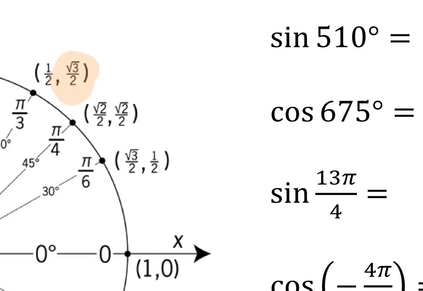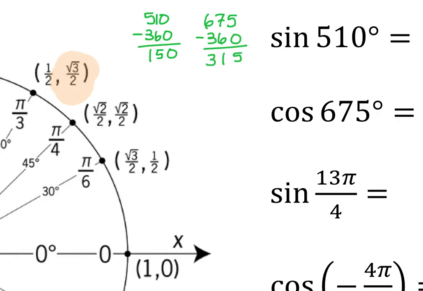So 510 minus 360 is 11 minus 6 is 5, 4 minus 3 is 1. So 150 degrees. I'll also do 675 while I'm up here subtracting. 675 minus 360, 5 minus 0, 7 minus 6, 6 minus 3 is 315.